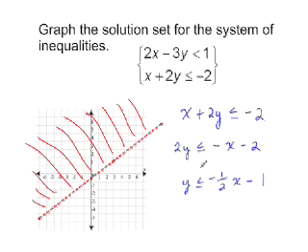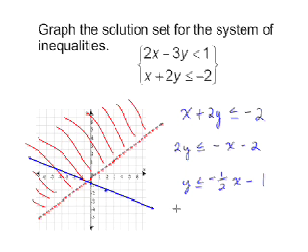So here's our second inequality solved for y. It has a y-intercept of negative 1. And this slope says to go down 1 unit, to the right 2 units. Since it's a less than or equal to situation, we want to draw a solid line through our 2 points.